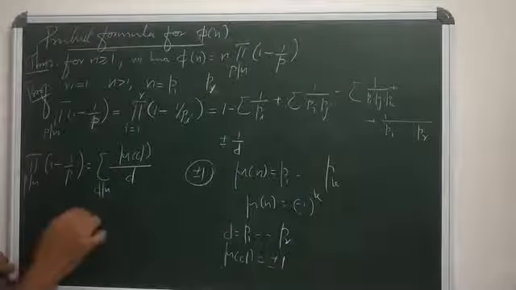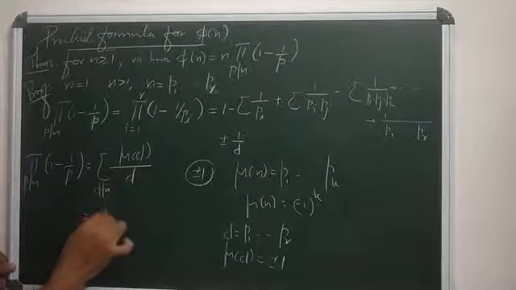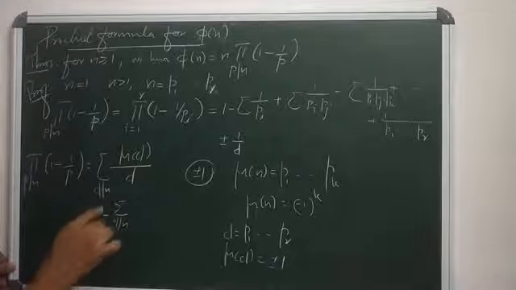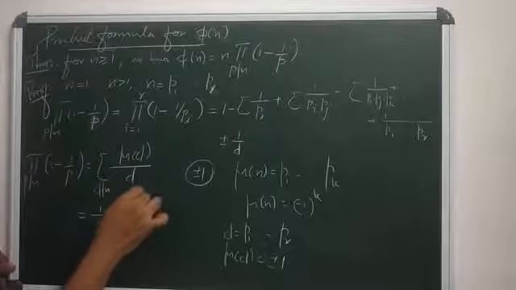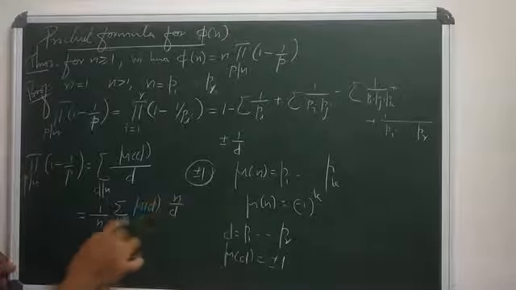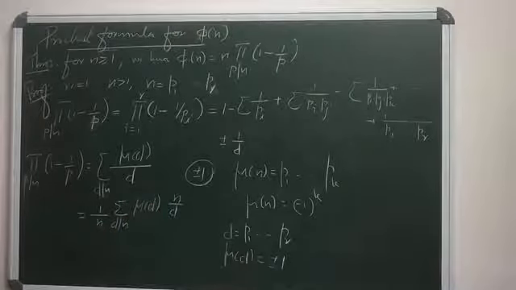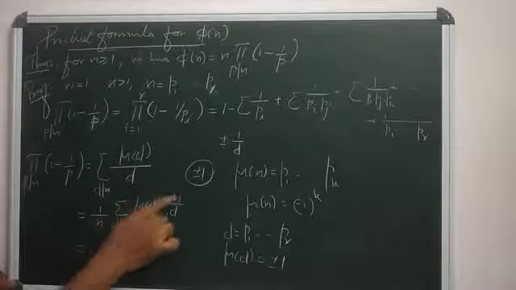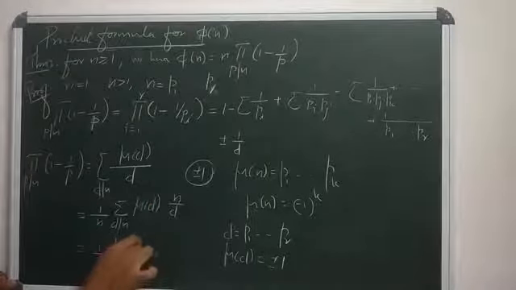So that equals 1 by n into the sum over d dividing n of mu of d into n by d. You can introduce 1 by n and n simultaneously. That 1 by n into the sum over d dividing n of mu of d into n by d is nothing but phi of n.